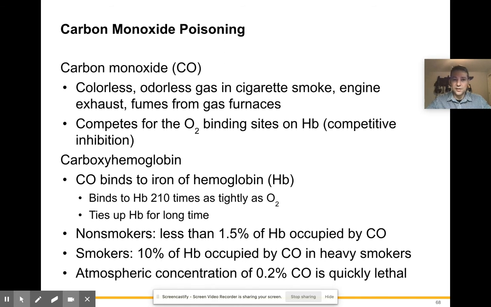Basically, whenever you burn something made of carbon, you get carbon monoxide as a byproduct. Fossil fuels and wood and other plant products are basically made of carbon. If you burn coal, if you burn gasoline, those are fossil fuels made of carbon.